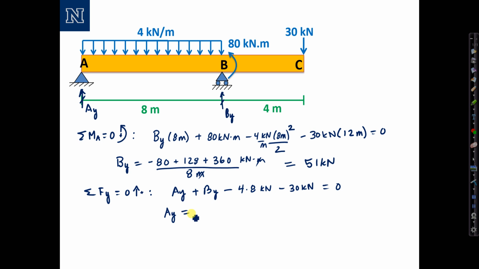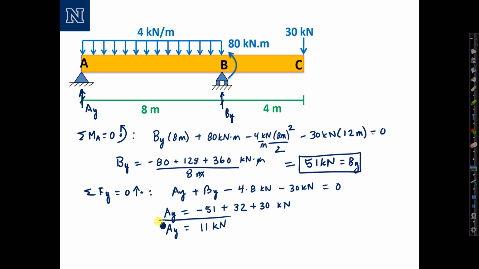We get A sub y equals negative B sub y. Substitute the value of negative 51 plus 32 from this term plus 30, all are kilonewtons, and this reduces to 11 kilonewtons. So my answers are B sub y equals 51 kilonewtons and A sub y equals 11 kilonewtons.